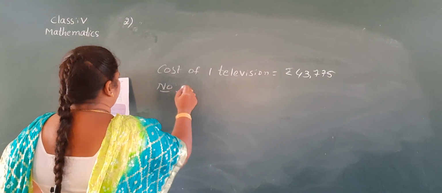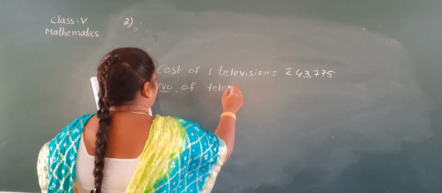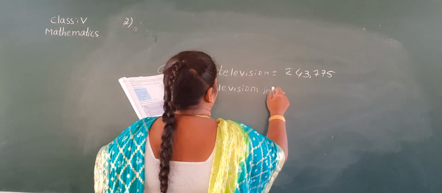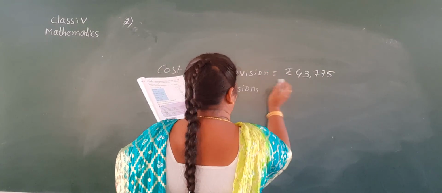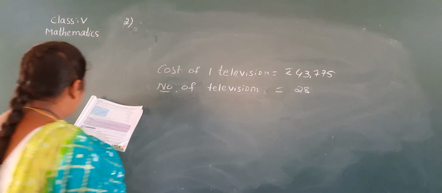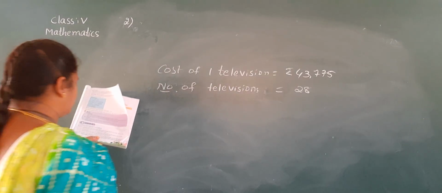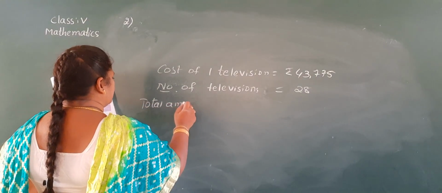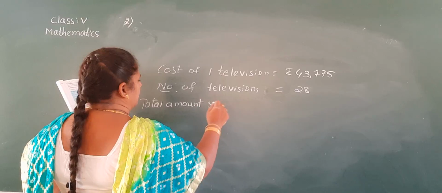So number of televisions is enough, 28. How much money did the shopping mall spend on the televisions? So total money or total amount spent for televisions.